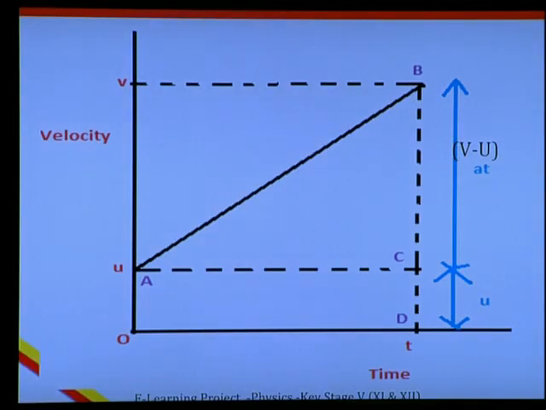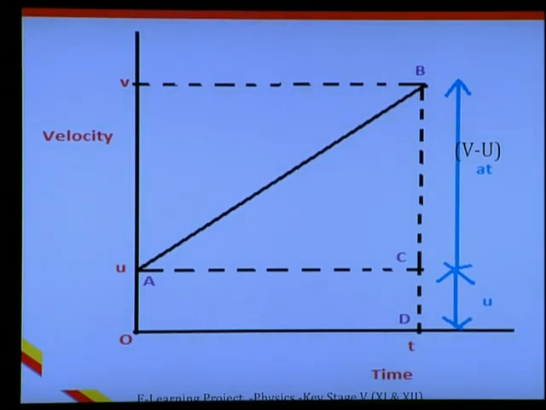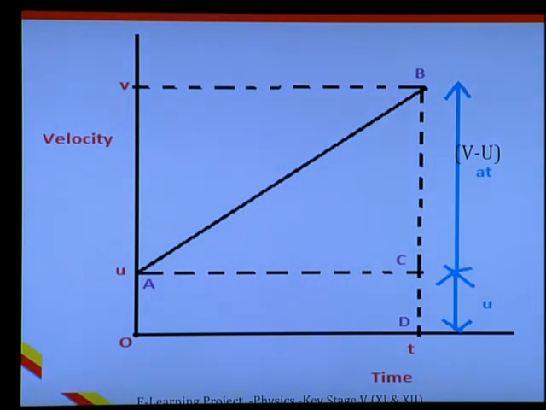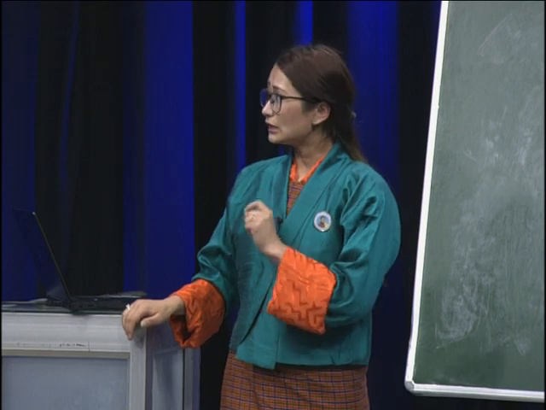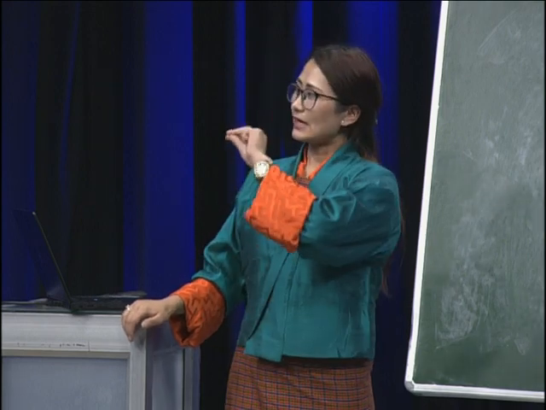So you can clearly see this is the velocity time graph, and let us assume that a particle is in uniform motion. Let us assume that a particle is initially moving with some initial velocity u, and it covers a certain distance, and when it reaches that point, it has a velocity v.